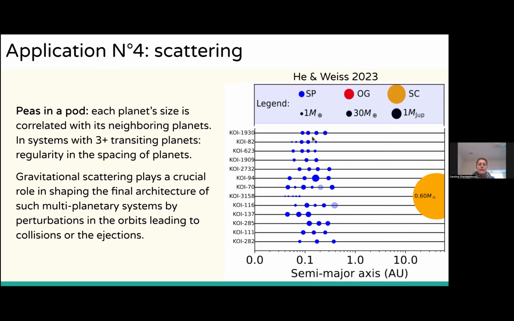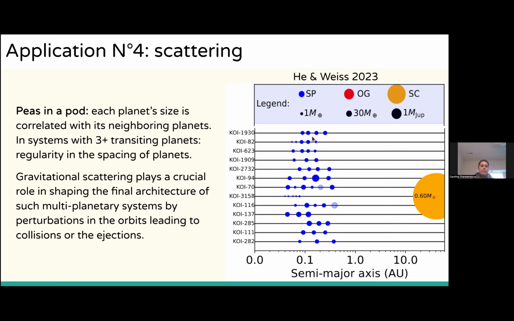So there is this theory that planets with low masses follow what we call peas in a pod. So planets in a particular system have similar sizes or masses. So the mass is about the same for neighboring planets.